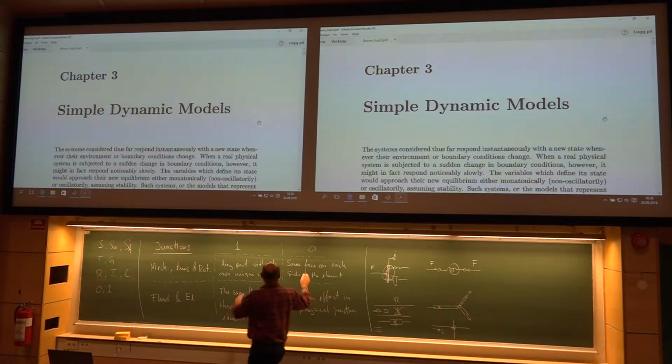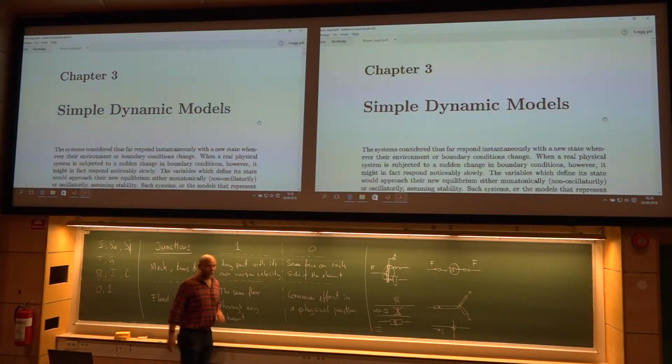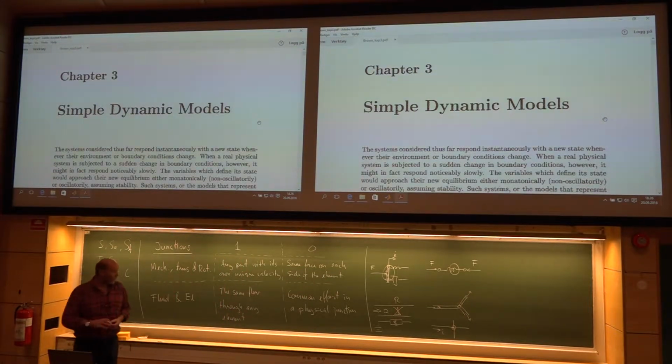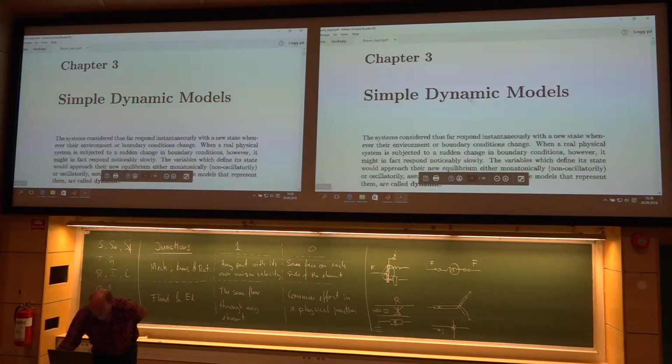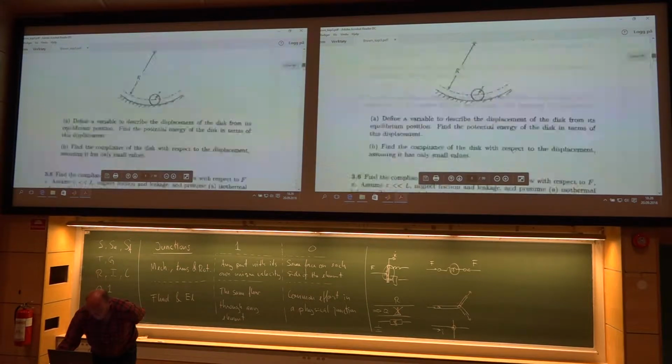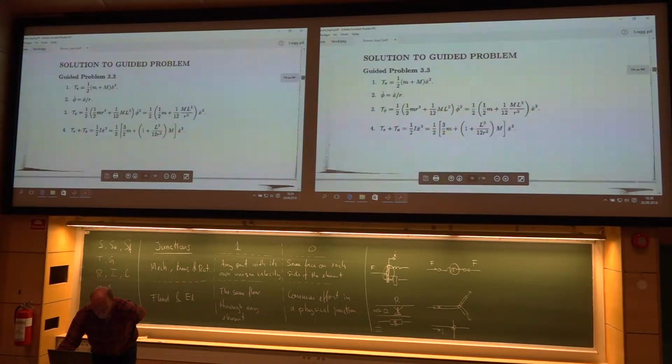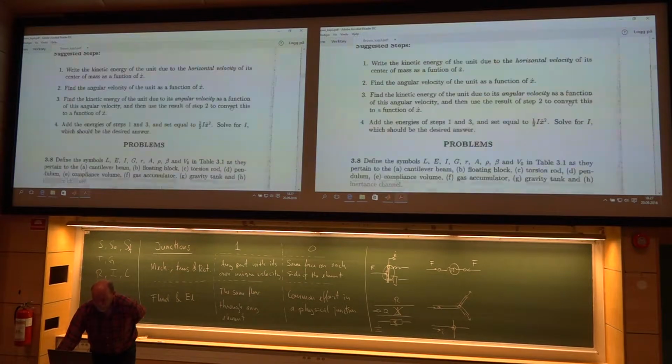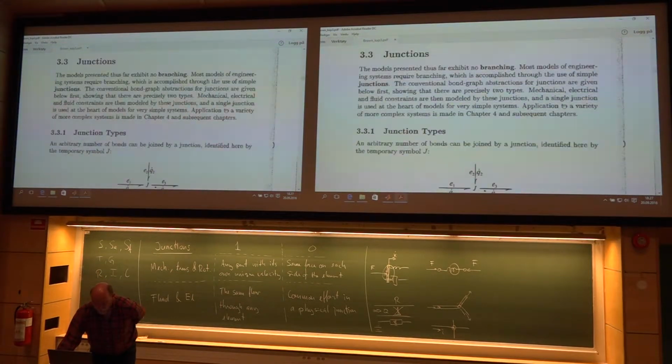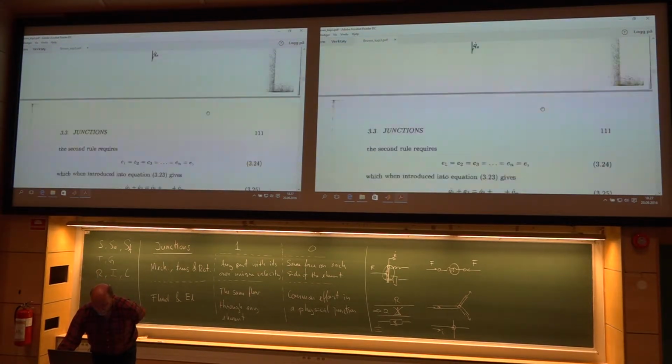So a little bit more concrete examples for these four possibilities. I believe we have some nice figures here somewhere with junctions. Let's see. That was junctions here, 3, 3.